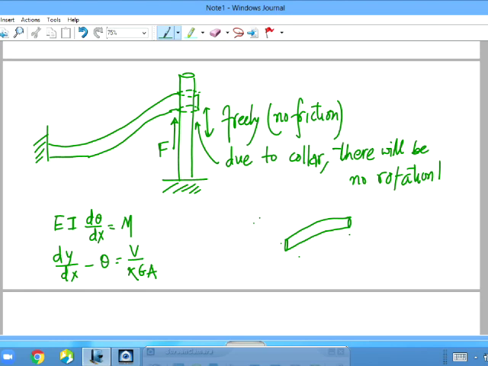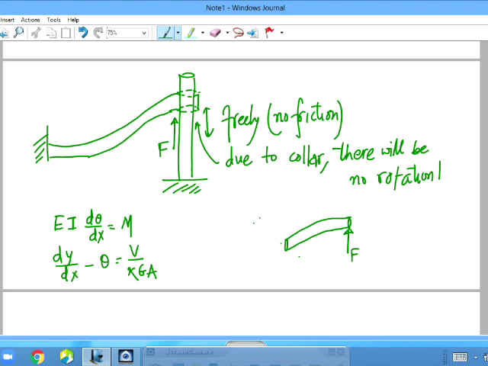First of all, you are applying a force F on the beam, so there is a force F acting here. Then the beam is not allowed to rotate due to the collar, so that means the pole is going to exert some reaction moment also.